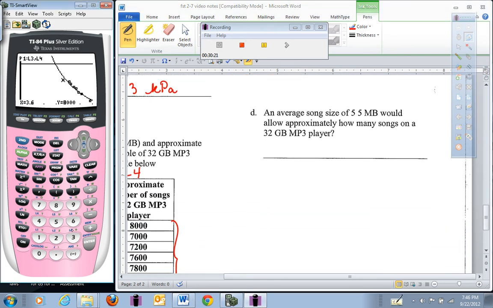We type in the X value and go to 5.5. It says you should be able to get approximately 5,949 songs on there. It's not unreasonable to say you could get a part of a song, but it probably wouldn't make any sense. So we're going to go with about 5,949 songs altogether.